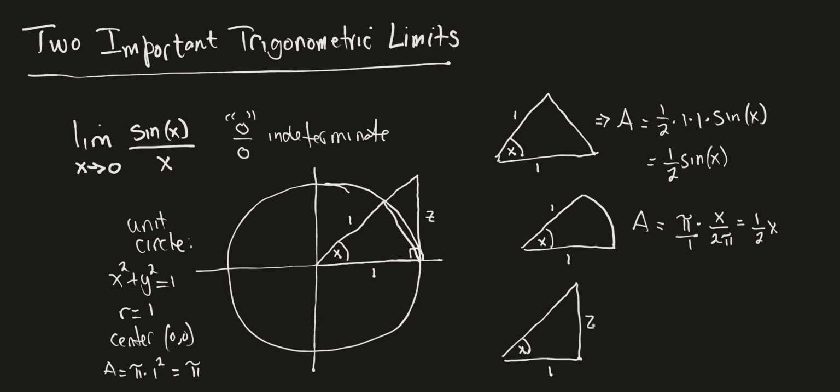What we know is that the tangent of X is the opposite divided by the adjacent. So that means Z is actually the tangent of X. And because I have a right triangle, I know the length of the base and the height, so I can use the formula for the area of a right triangle.